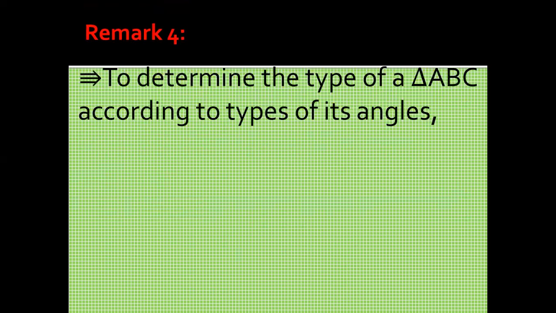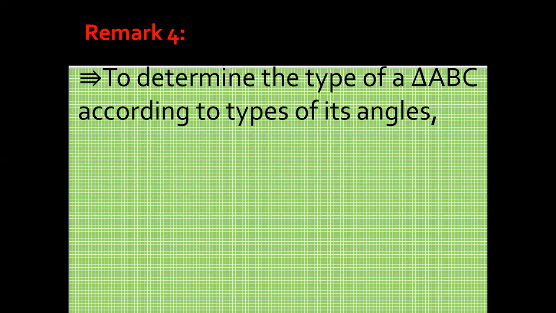Before the example, we take remark number 4. We prove that the 3 points form vertices of a triangle. He will ask me to determine the type of the triangle according to the type of its angles.